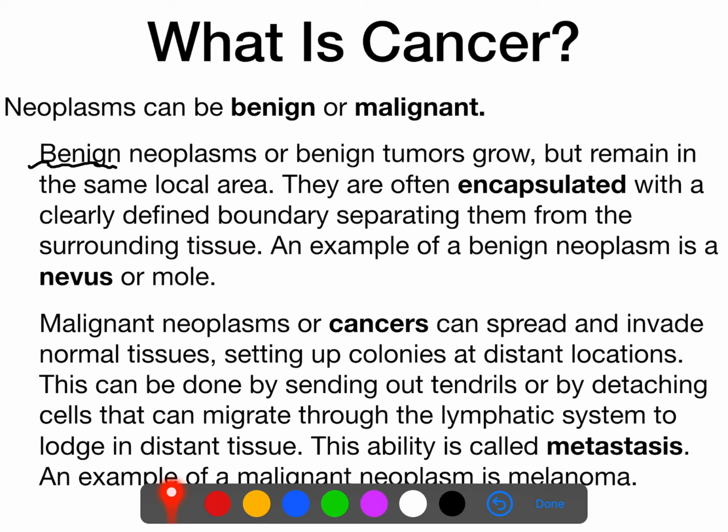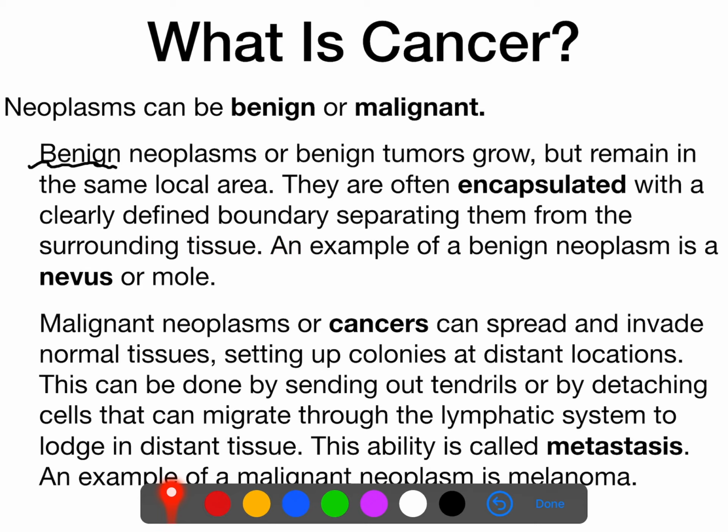They can also, as they grow, put pressure on surrounding tissue, which can cause that tissue to lose function or deprive it of oxygen. Benign tumors in the brain can have severe effects on people's cognition, even if they don't ever become cancerous.